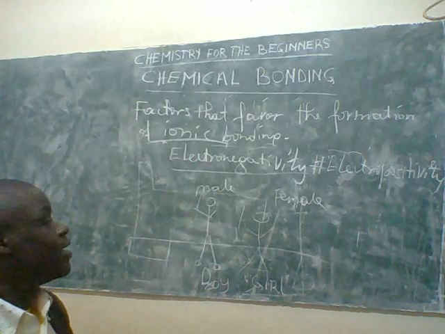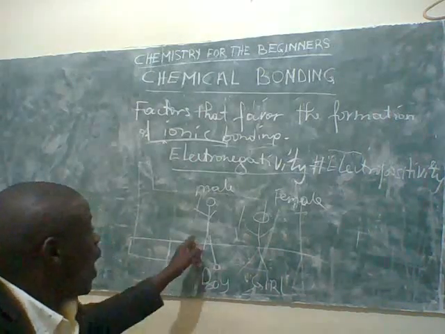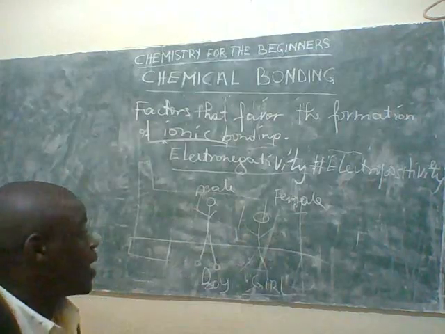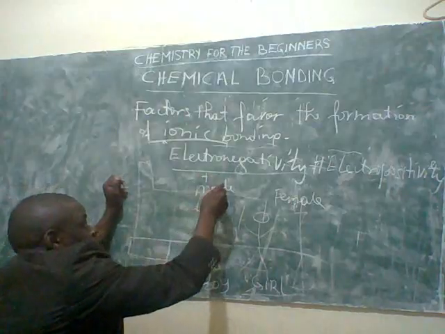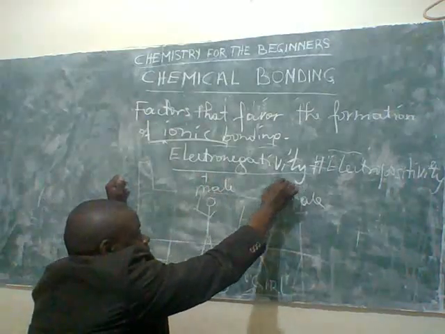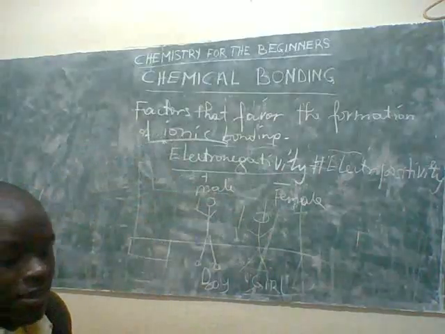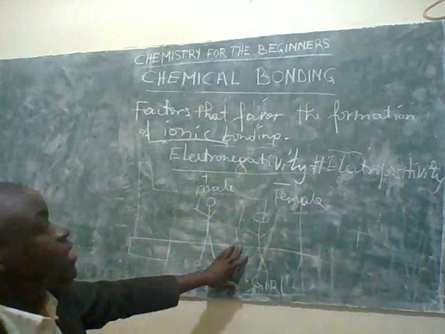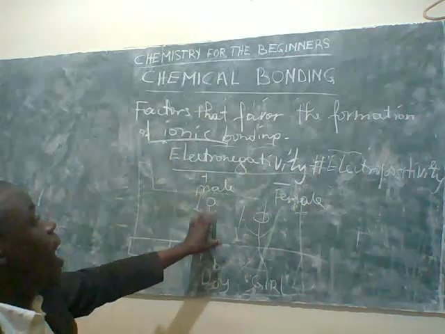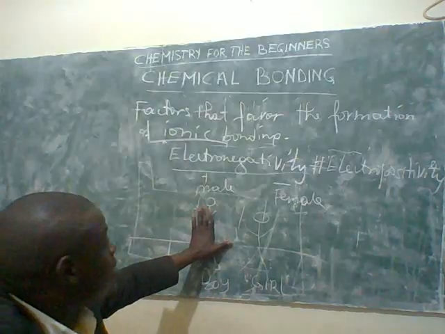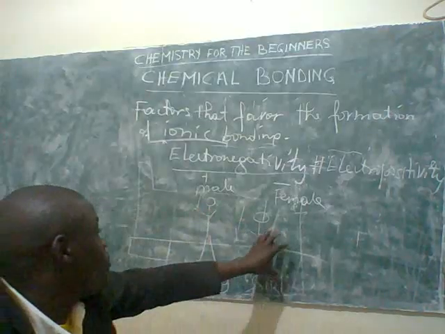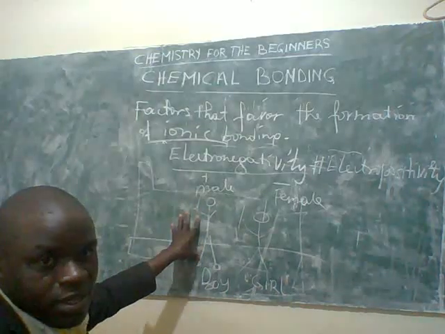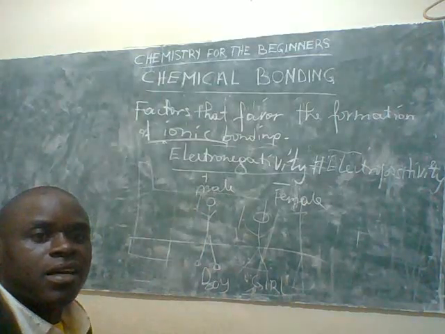I can ask you how much a man is a female. A man is positive, and the female, we can say, is negative. So it's like saying electronegativity and electropositivity. It is like saying how much a man is a female and how much a female is a male.